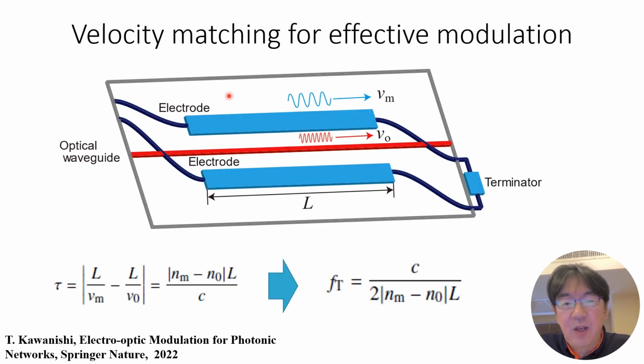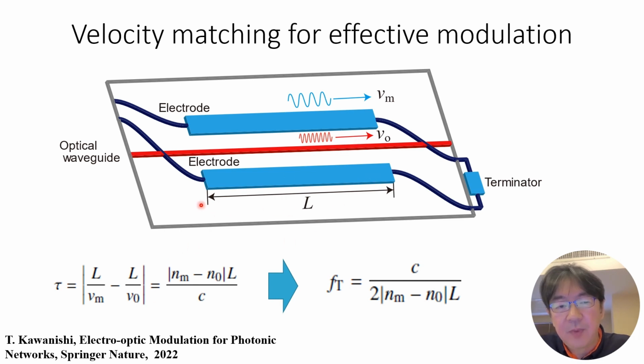To achieve high-speed modulation, here's another issue, velocity matching for effective modulation. As I mentioned, we can control the speed of the signal on the electrode by designing the electrode structure. If there is some big difference in the velocities of the electric signal and the optical signal, modulation efficiency would be degraded because the propagation delay will be large.